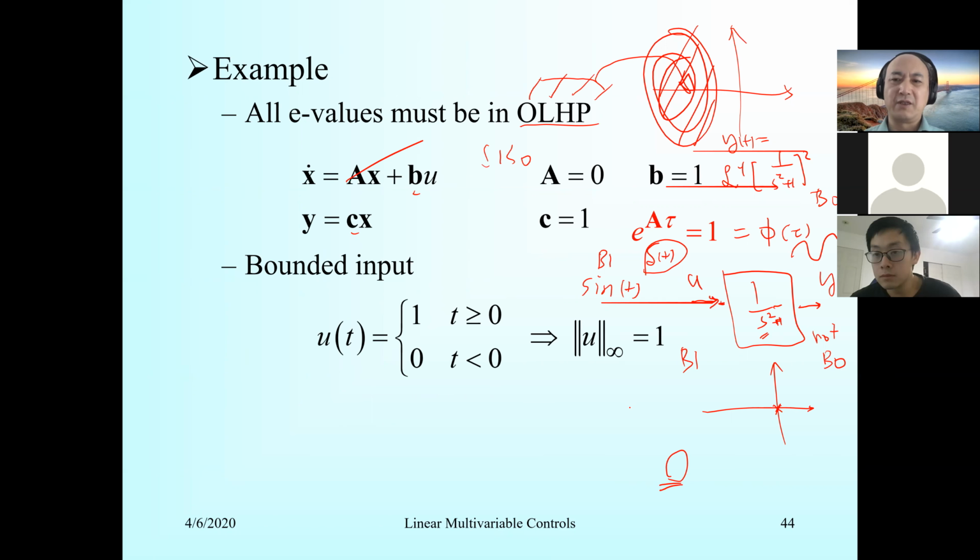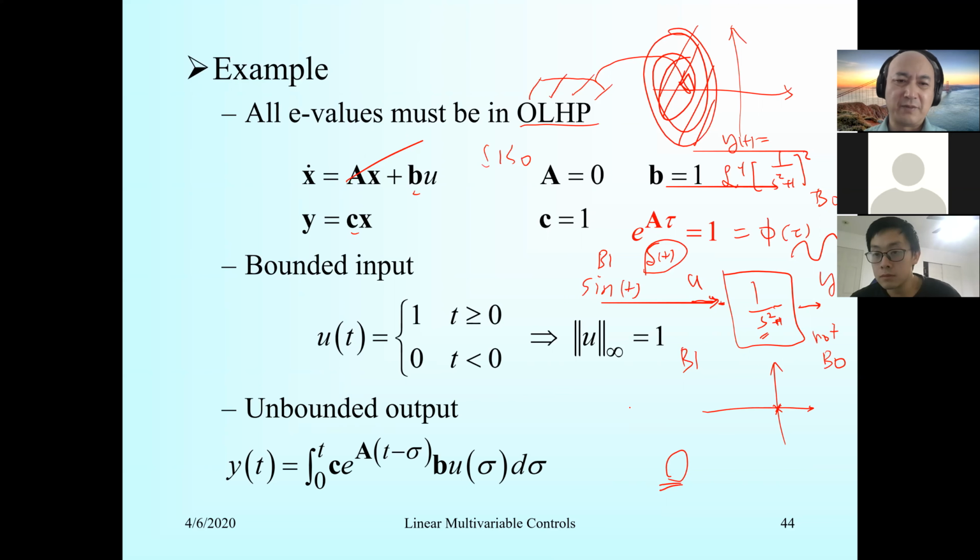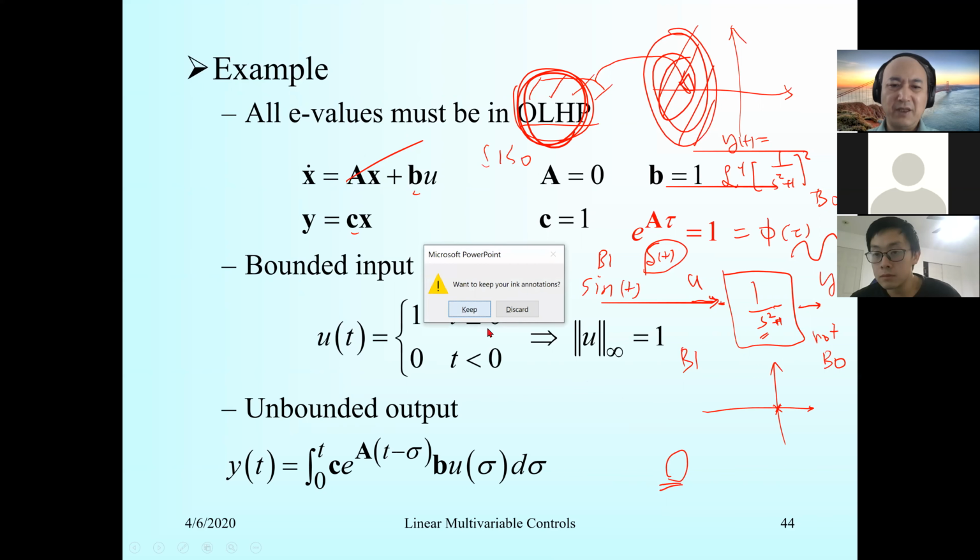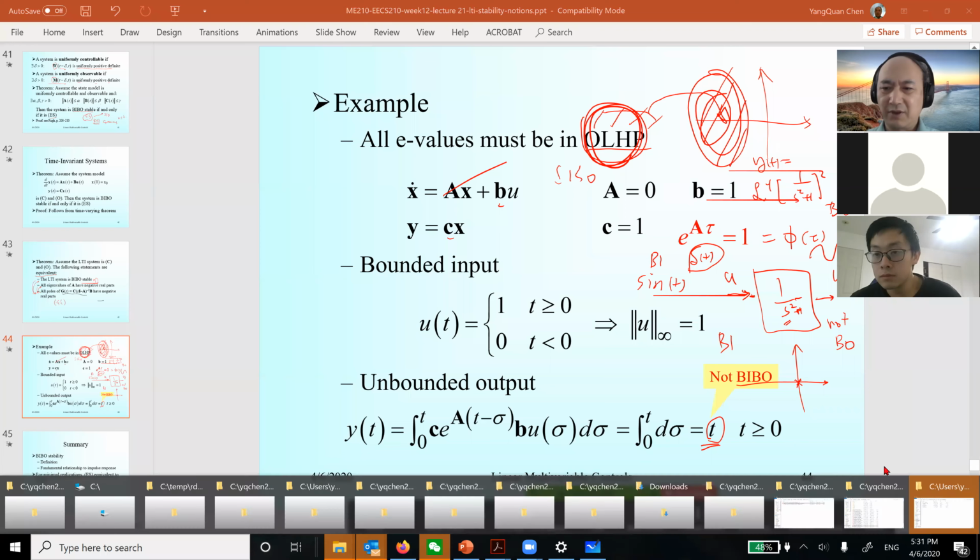I also gave you an example of bounded input, not bounded output for a sinusoid case. In other words, this OLHP is actually a very important concept. So let me go to the textbook.